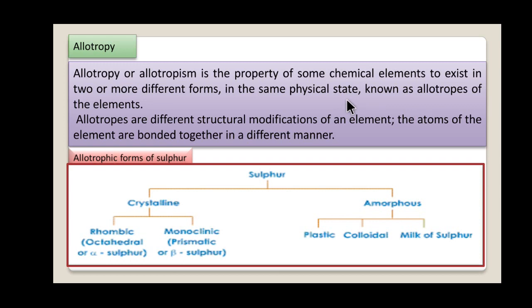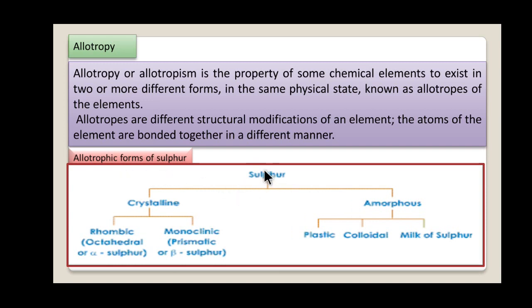This is known as allotropy or allotropism. Allotropes are different structural modifications of an element, in which the atoms of the element are bonded together in a different manner. Now we are going to see the allotropic forms of sulfur.